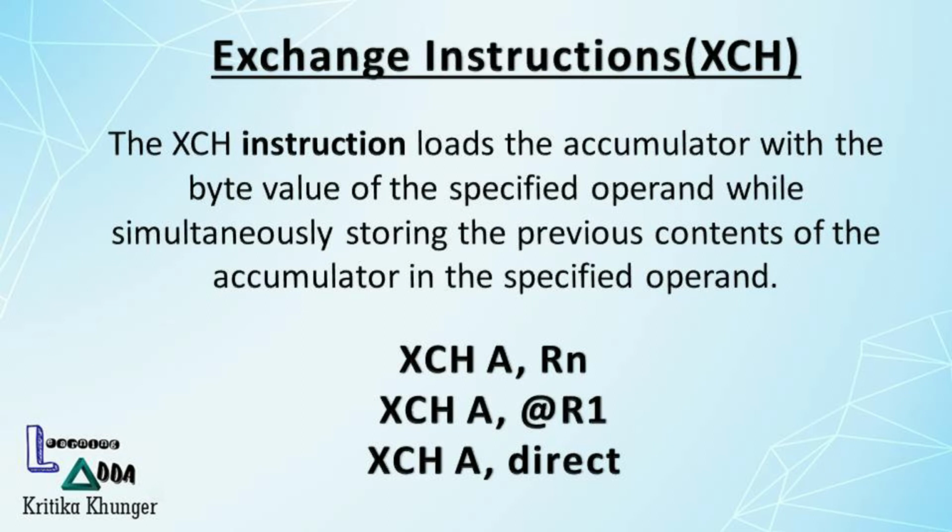Then exchanging the content of indirect memory @R1 with the accumulator. After that, the direct one: exchange any direct memory location with the accumulator. Okay, so we are done with the exchange instruction.